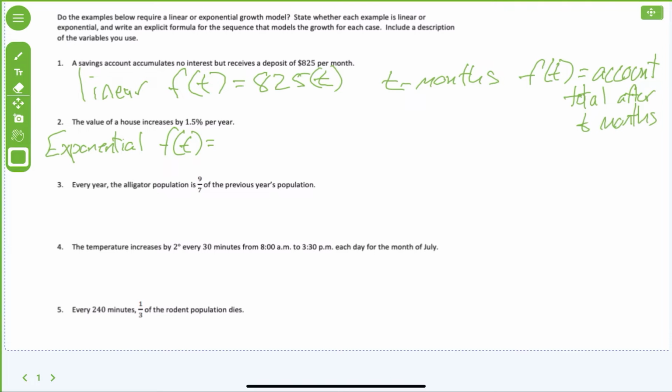So we would call this formula alpha of t is equal to what? Well, we don't know the beginning value of the house, right? But we've got to include that. So we'll call that B, and it's B times 1.015 to the T. B is the beginning value.